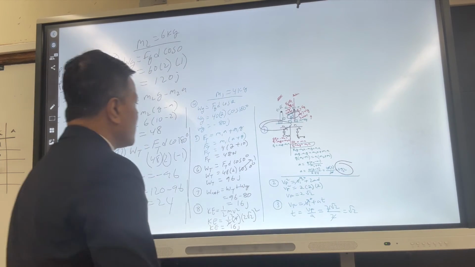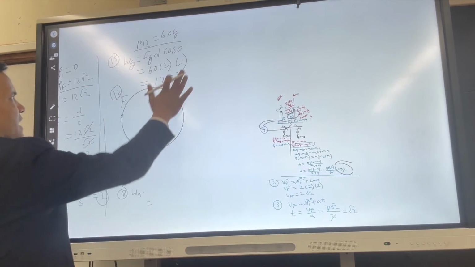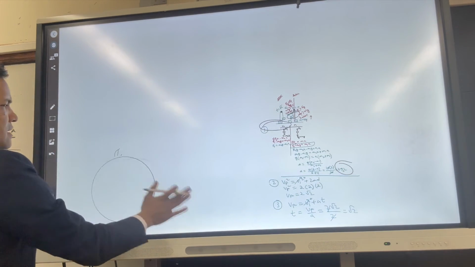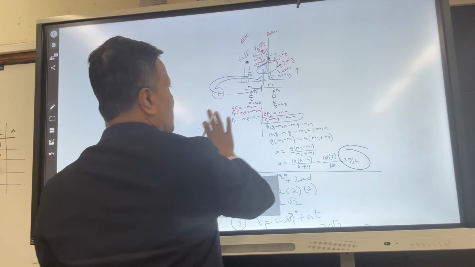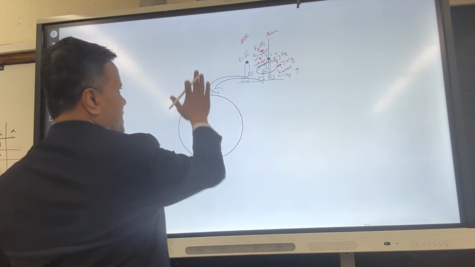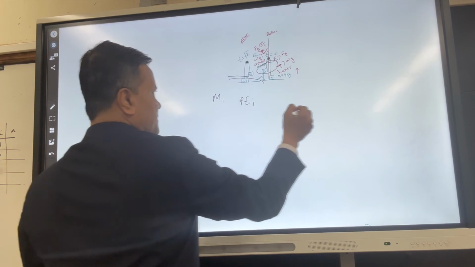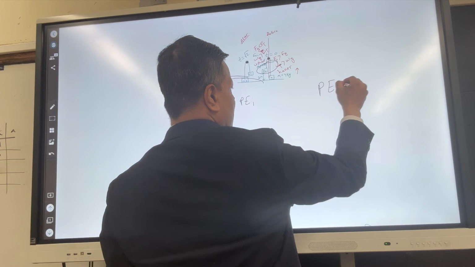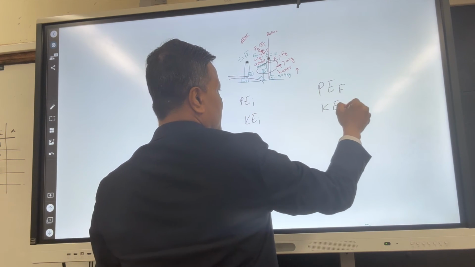Now, the most important part is to find that the conservation of energy holds, and how it holds, we'll see. So for mass 1: potential energy initial, potential energy final, kinetic energy initial, kinetic energy final.